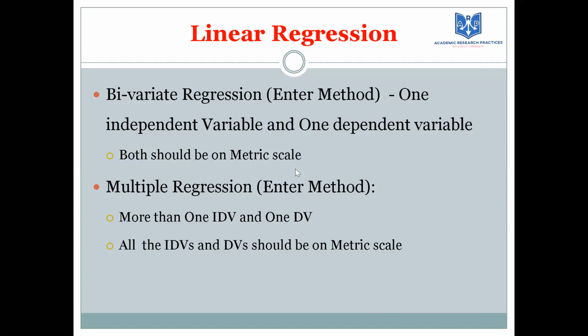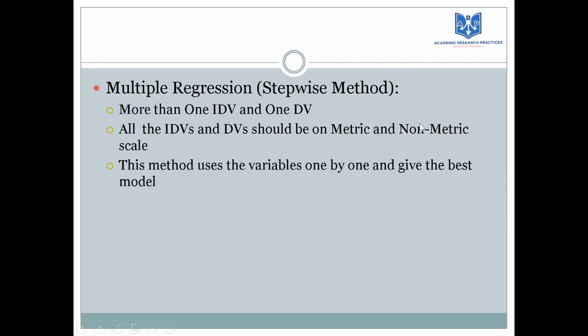For the multiple regression, you must have more than one IDV, and one DV is of course there, but all should be in the metric scale. So the simple rule is: in the multiple, you must have more than one IDV. In the bivariate regression, there is only one independent variable and one dependent variable, right?